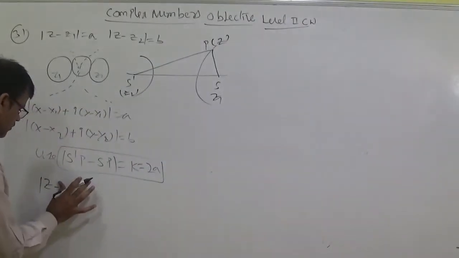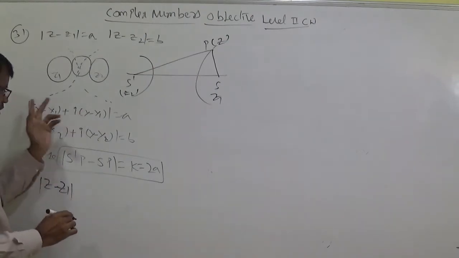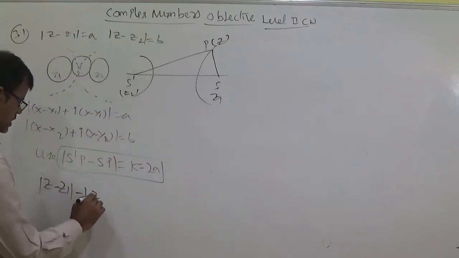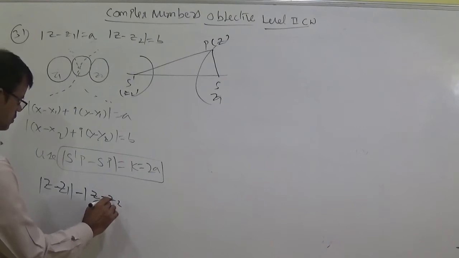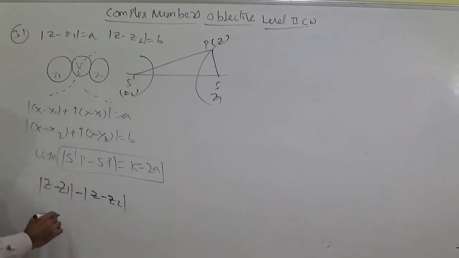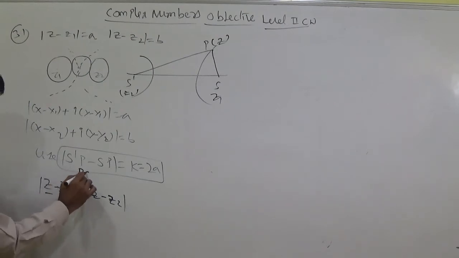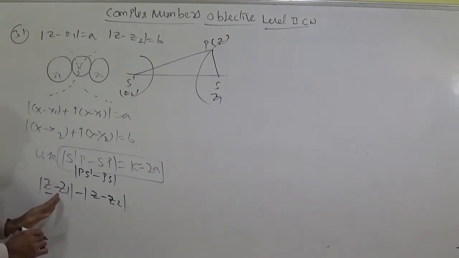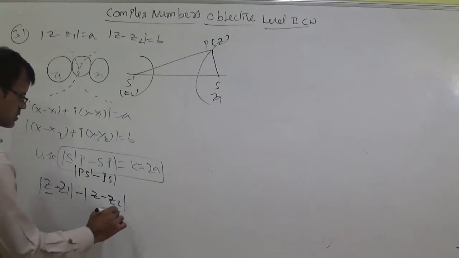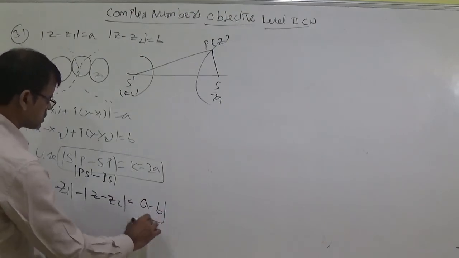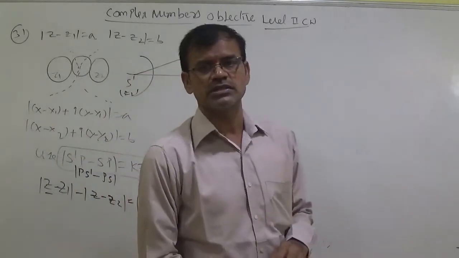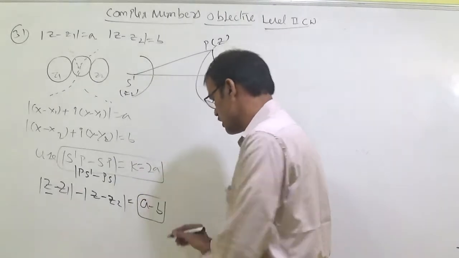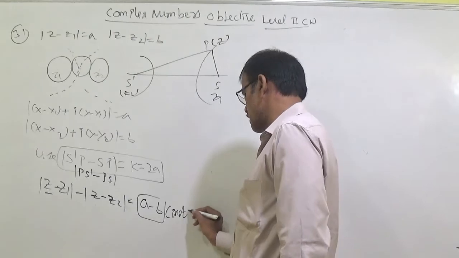So modulus of Z minus Z1 is SP, the distance between the fixed point S and P, and modulus of Z minus Z2 is S dash P. Here P means Z, and Z1 and Z2 mean the two points S and S dash. So PS dash minus PS is equal to A minus B, not only 2A; the proof is there that S dash P minus SP is equal to 2A, or modulus of PA minus PB is some constant K. Here A minus B we got as a constant.